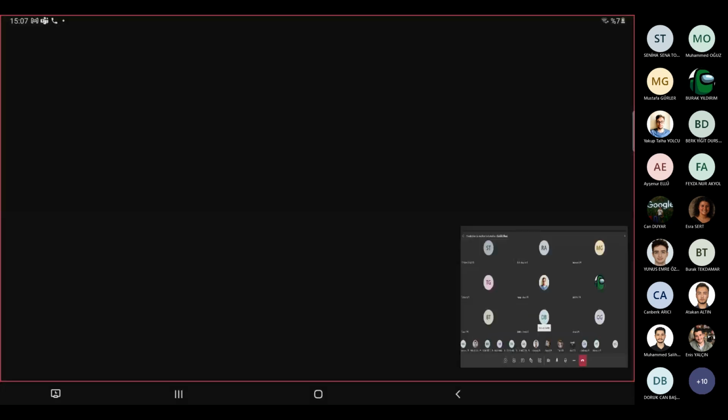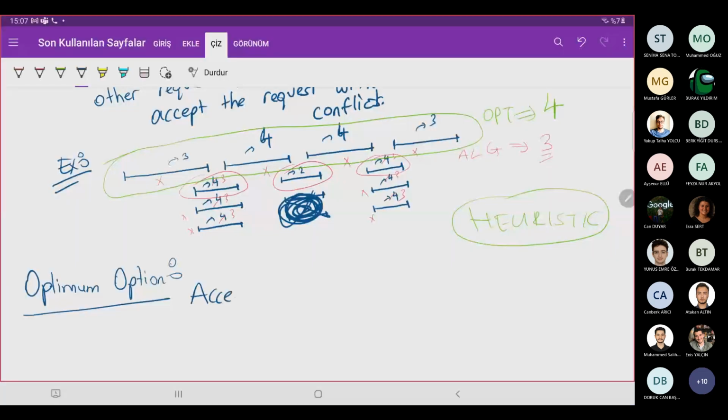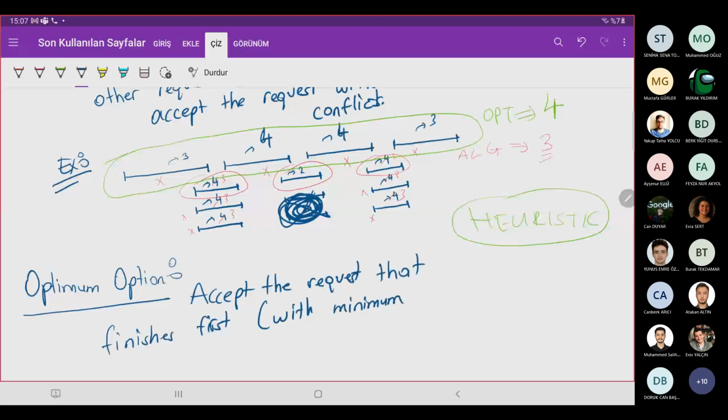Okay, from where we left off. The optimum option is to accept the request that finishes first, not starts first, but finishes first, with minimum f_i.